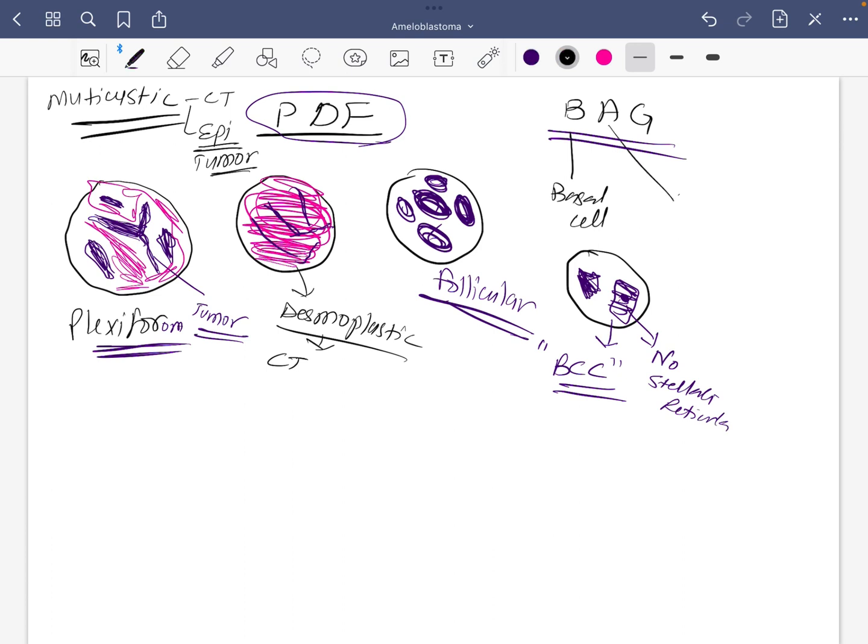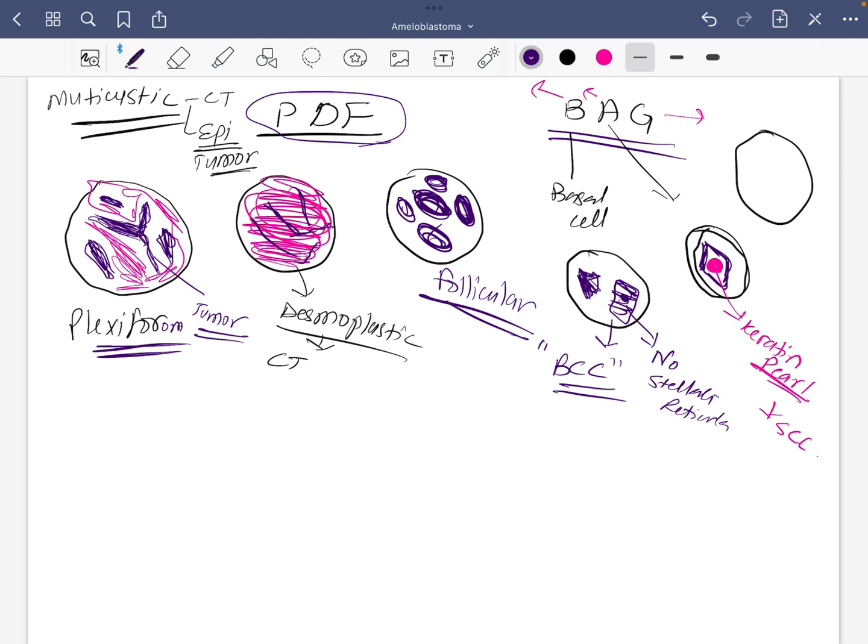Acanthomatous means presence of spikes; what's special is the keratin pearls. In granular, you have multiple small granules. Given a lesion, you just have to differentiate whether it's from PDF or from BAG. If you see a basal cell kind of lesion, it's basal cell ameloblastoma. If you see keratin pearls, it's acanthomatous. If you see granules, it's granular. If you see none of them, if there is nothing like this present, it's going to be from PDF.